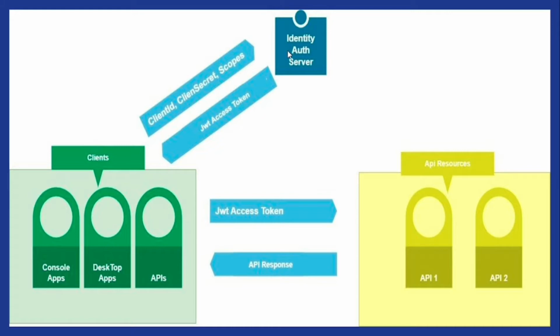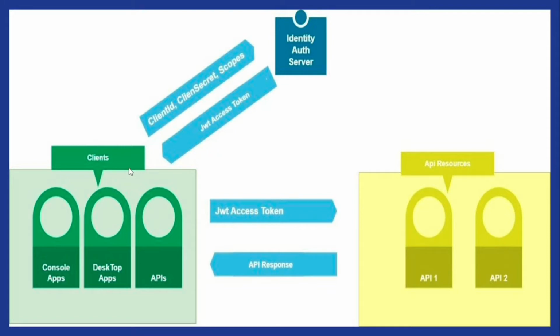Only registered clients can request the JWT access token. If you don't send the scope, the identity server can retrieve the scopes that reside inside its database. So clients send the client ID, client secret, and optional scopes to the identity server. The identity server validates the client ID and secret against its database. If it is a valid request, the identity server sends the JWT access token to the client.